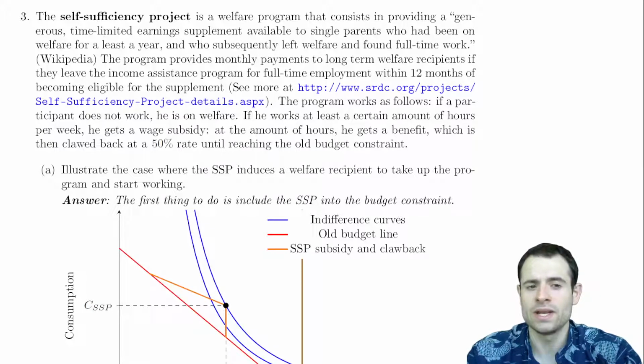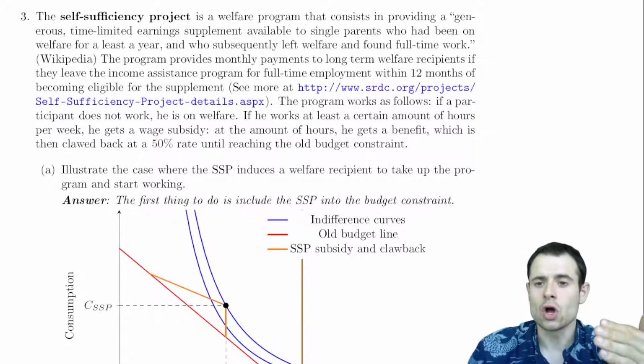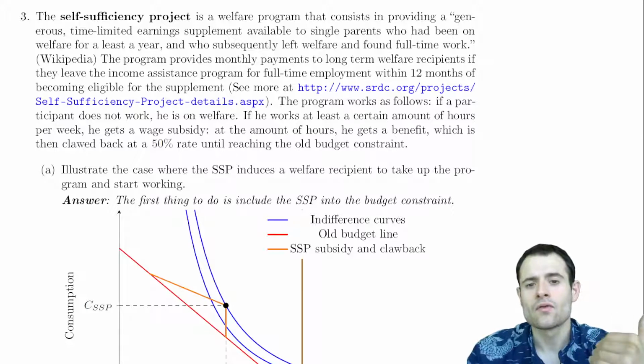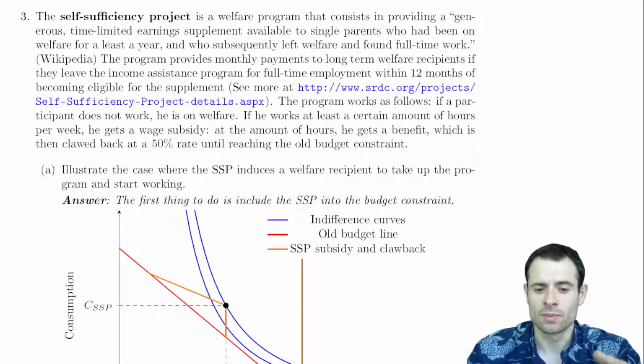That's Wikipedia's description. So the program provides monthly payments to long-term welfare recipients if they leave the income assistance program for full-time employment within 12 months of becoming eligible for the supplement.